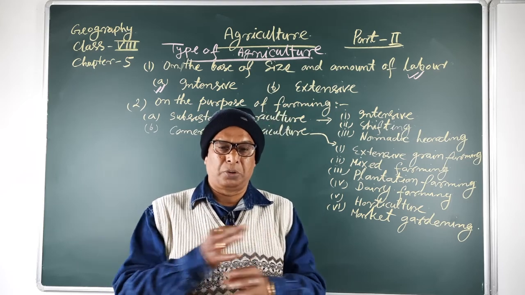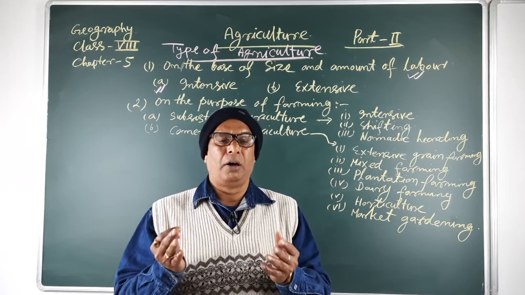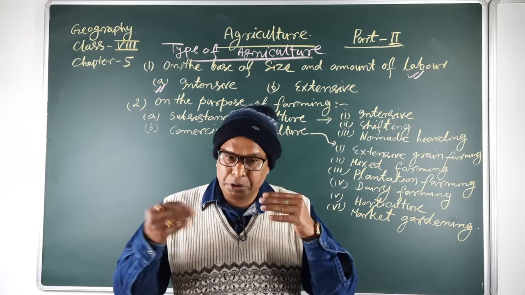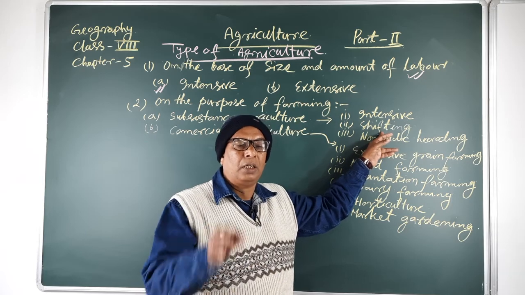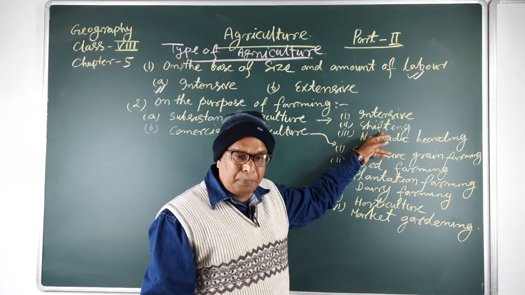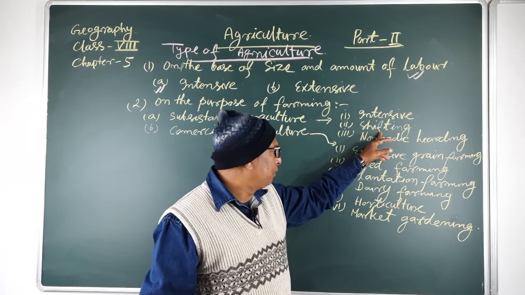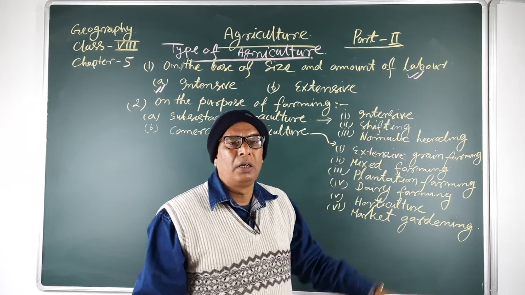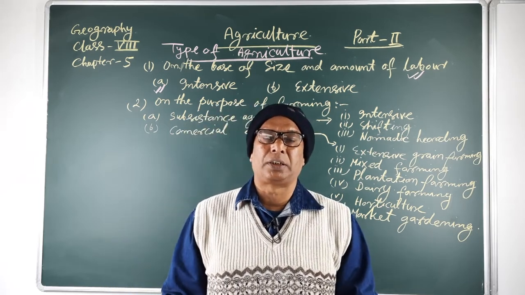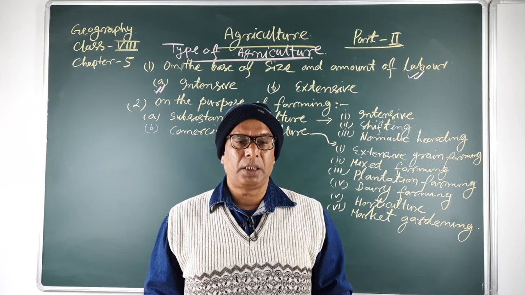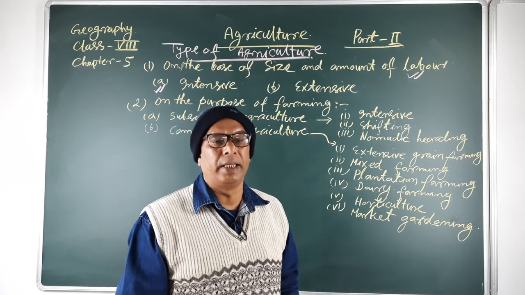Another area is cleared by cutting down and burning trees, and a new patch is prepared for cultivation. So the cultivation shifts from one area to another by these tribal people. This system of farming is known as shifting agricultural farming. This type of farming is mainly seen in forest areas or semi-arid zones.